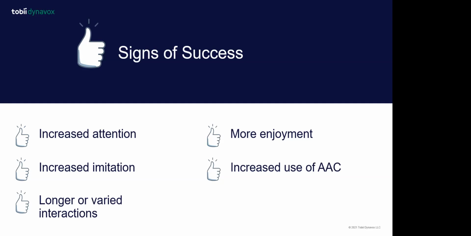Maybe they're using it more in a session or in the classroom, but maybe this means that they're using their AAC device more at home or in a variety of classes or a variety of settings if it's an older communicator. And then increased initiation, which is probably one of my favorite signs of success for our communicators. This is my favorite aha moment when they go and they initiate. I just think that is my favorite.